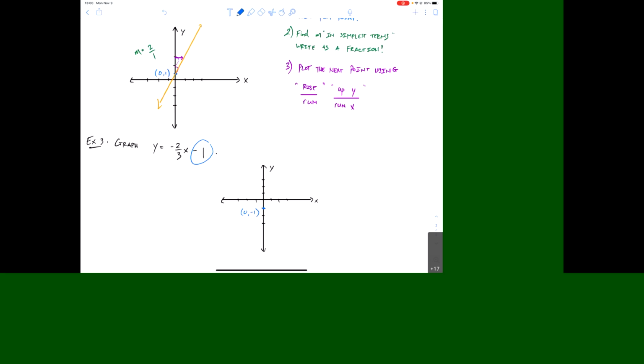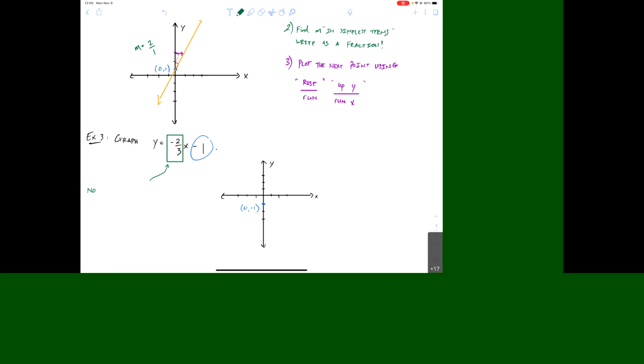Now, notice the slope. Remember, slope never includes the x variable. It's strictly the number in front. In fact, I will write that again as a reminder for people, because when people take my 311 class, they still make this mistake.